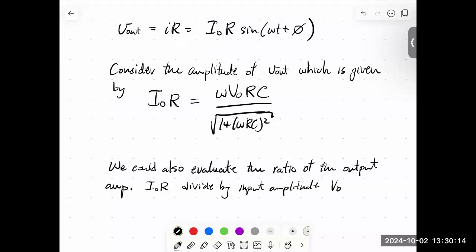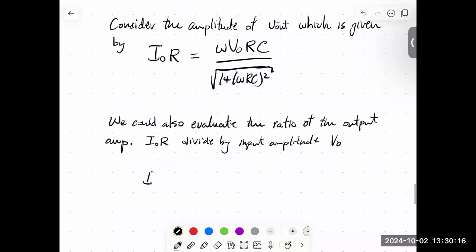So that ratio, I naught R divided by V naught, all we have to do is divide by this V naught. So it's omega RC divided by the square root of 1 plus omega RC squared. Okay, good. This is where I wanted to get to.